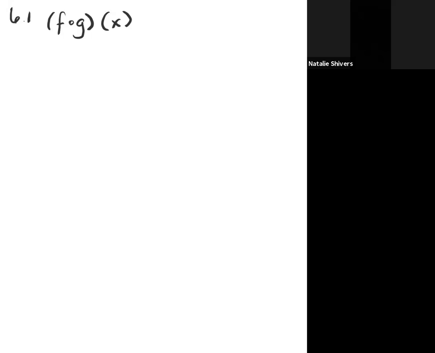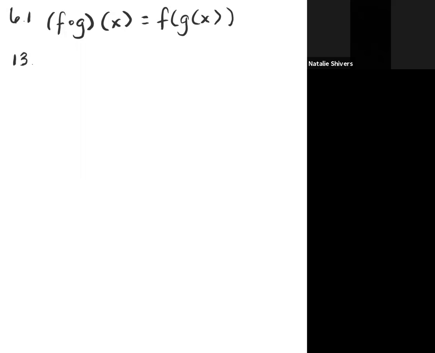Okay. When it's written like that, it's just shorthand for mathematicians because they don't like writing f of g of x with all the parentheses over and over again. Okay, so we're going to start off with some slightly easier problems.